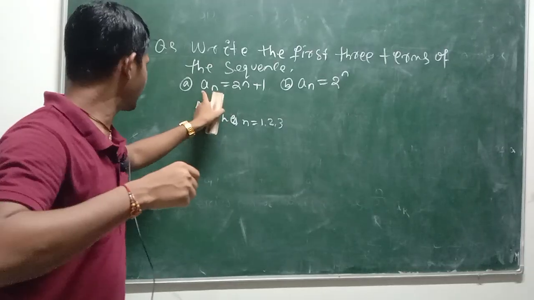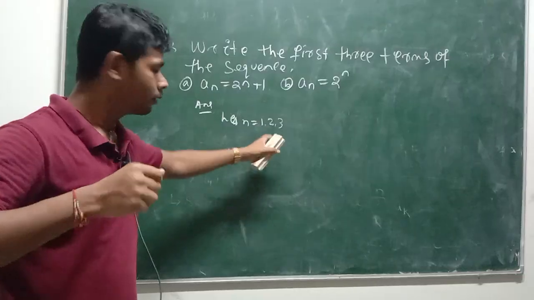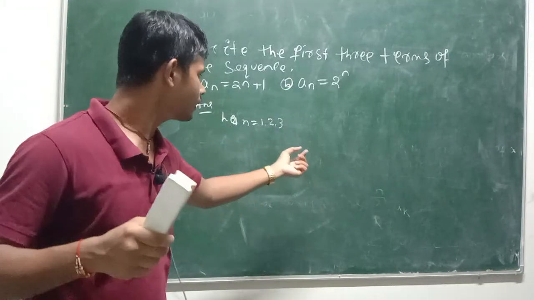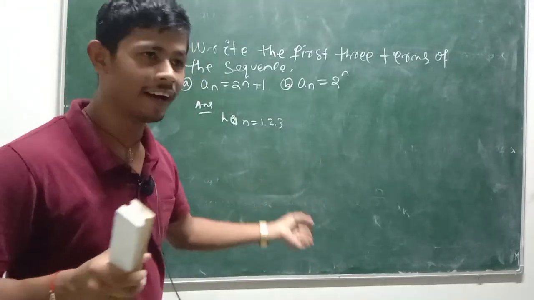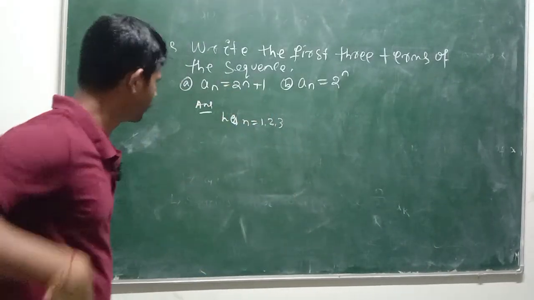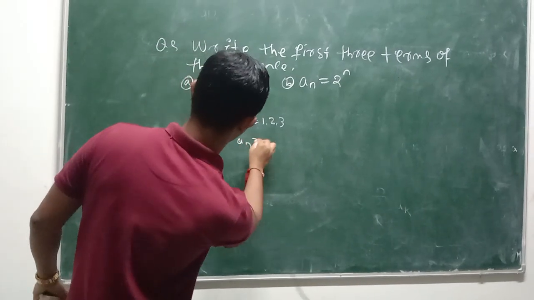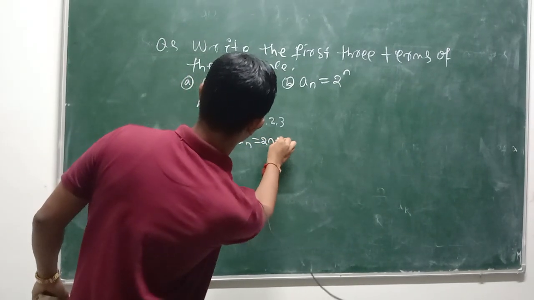The given formula is a_n equals 2n plus 1. That means we want to solve for three terms, that is 1, 2, 3. So here we write a_n is equal to 2n plus 1.